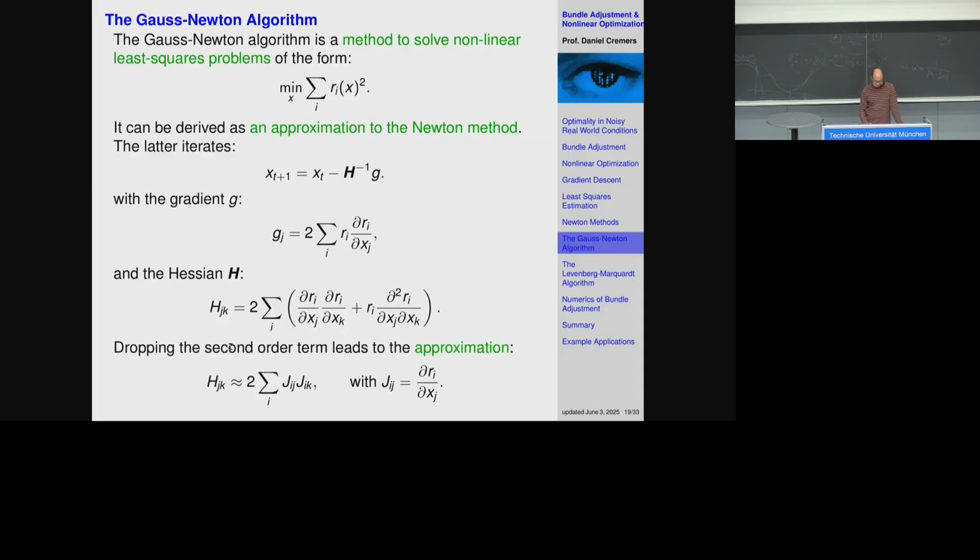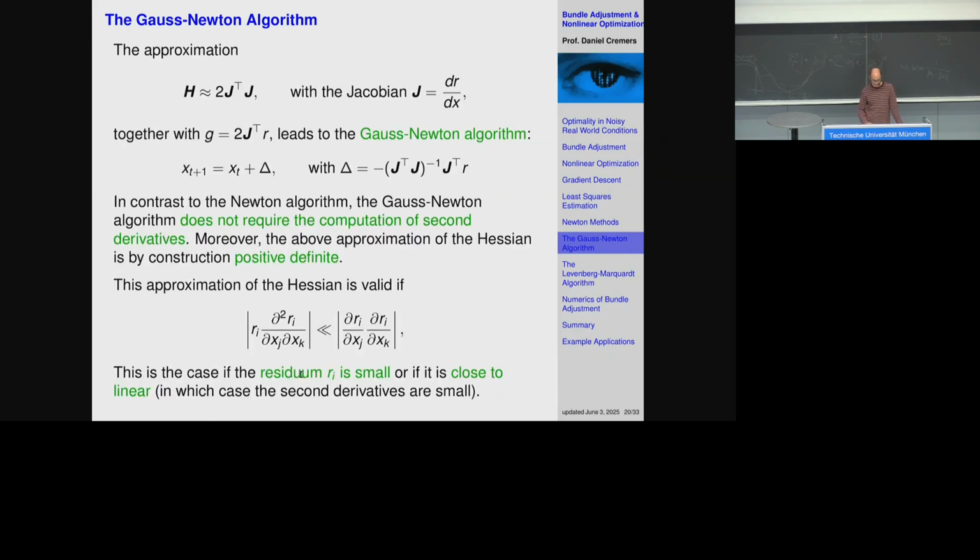But what we end up getting then is an approximation of the Hessian matrix, which involves, if you call this the Jacobian of the residual, Jij is the derivative of residual Ri with respect to xj, then this is just J transpose J, basically. And this is the approximation of the Hessian matrix.